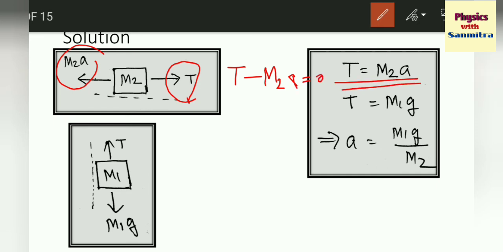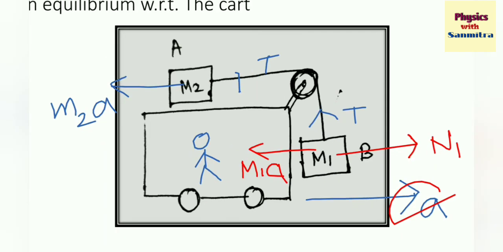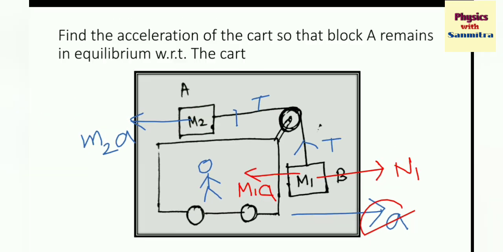T is equal to M1G, and by solving them, by taking the ratio, we will get A is equal to M1G by M2. This much should be the value of the acceleration, so that this block be at rest. Okay, I think this much is clear.